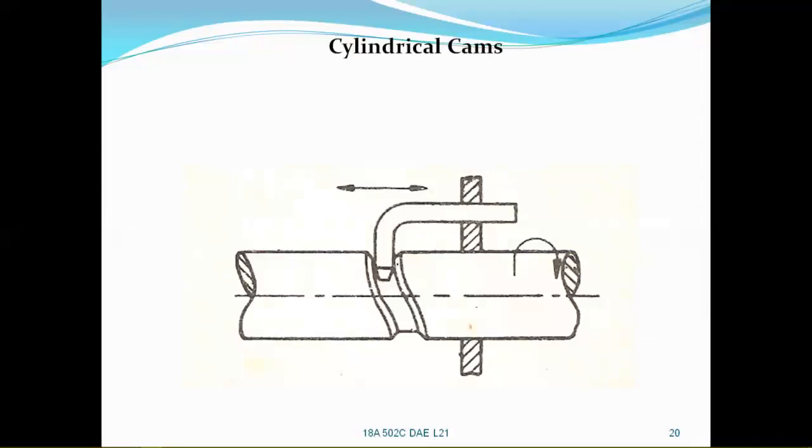And next is cylindrical cams. As the cam rotates about its own axis, cylindrical cams have a groove which is cut as per the requirement of the motion of the follower. As it is rotating about its own axis, the follower is in touch with the cam within the groove, and this defines the motion of the follower.